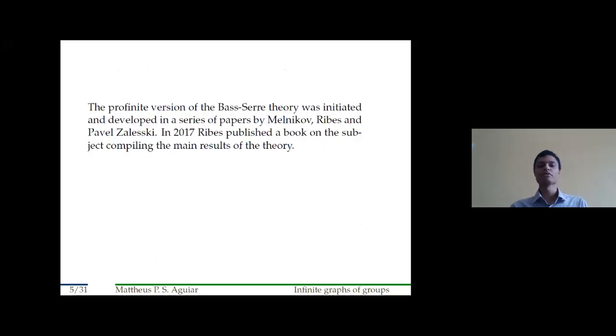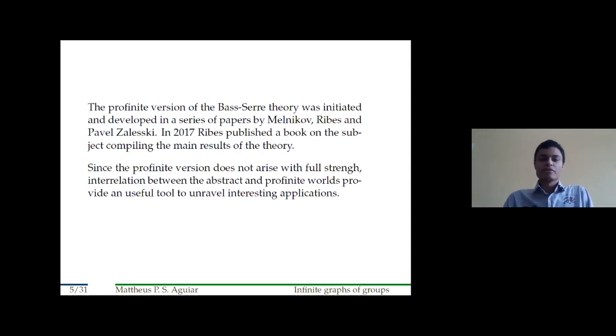So this profinite version was initiated in a paper by Gildenhuys, Ribes, and then developed in a series of papers by Melnikov, Ribes, and Pavel Zalesky. In 2017, Ribes published a book on the subject, compiling the main results of the theory.